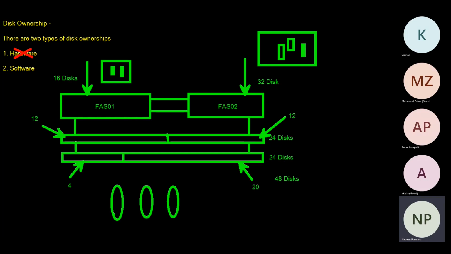Even the root partition and data partition both will go to the same controller. What if it is ADP version 2? In ADP version 2, you know that, right? We'll be having partitions, one root partition and 2 data partitions like this, right?